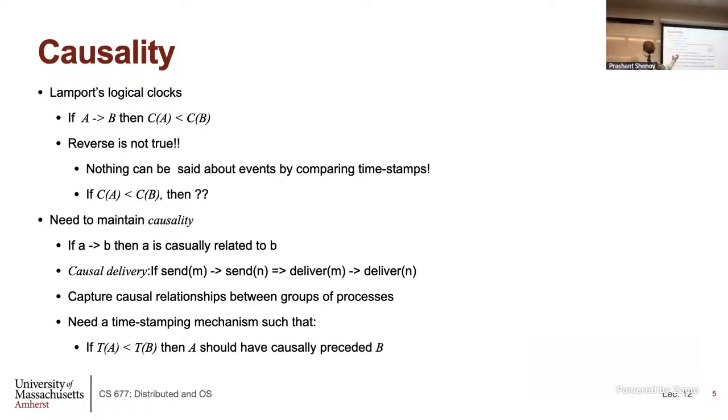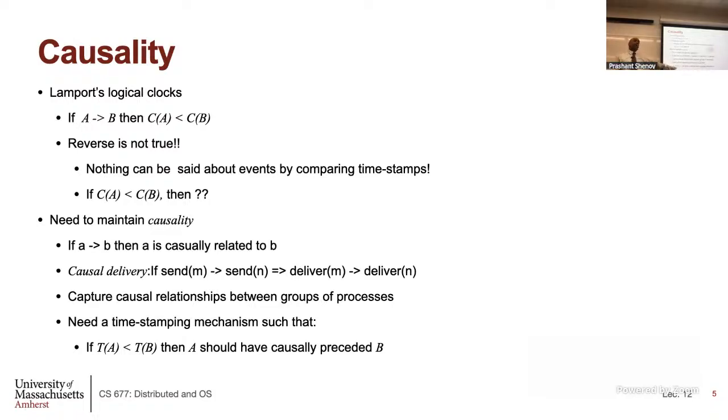So for example, causal delivery says if there are two messages M and N, and the send of the first message happened before the send of the second message, then the receipt or the delivery also has to be in that order, meaning that if one was sent before the other, they should be delivered in that order. So that means it's causal delivery. You don't get reordering in the network, okay, because the sends are ordered. So that's an example of a system that can actually give you that property. Doesn't mean every system gives us that property, but you can use causality to impose certain ordering of relationship. Okay? But we'll come back to that.